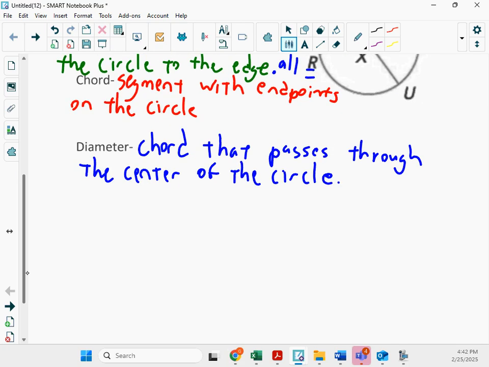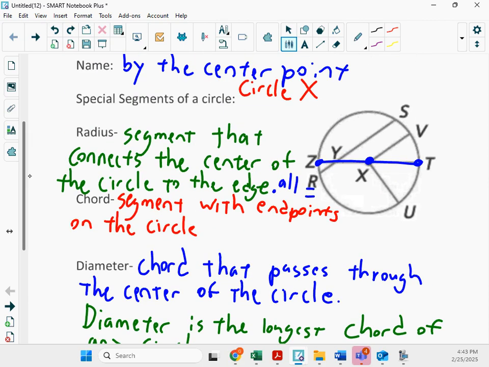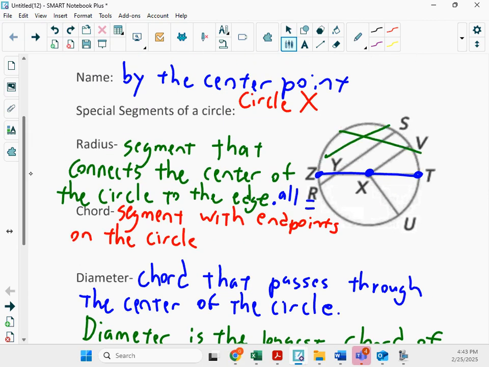Now, interesting thing about the diameter is it's the longest chord of any circle. So it doesn't matter how many chords I draw. I can draw an infinite number of chords in the circle where I go endpoint to endpoint. The diameter will always be the longest one.